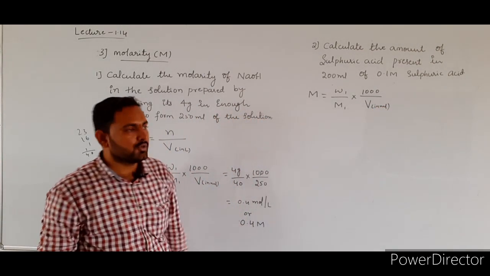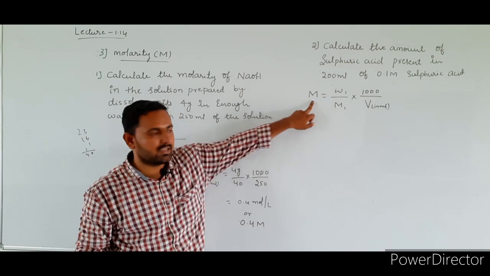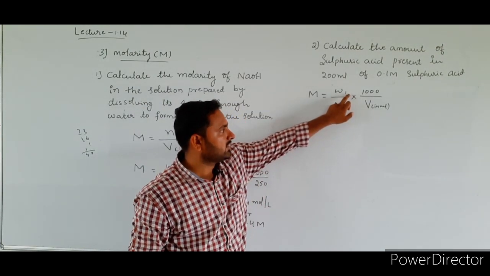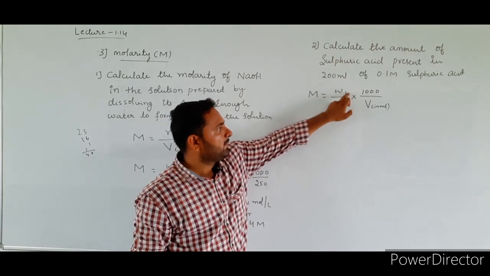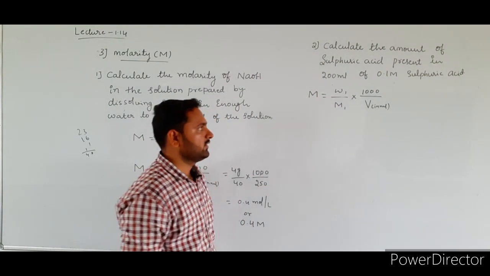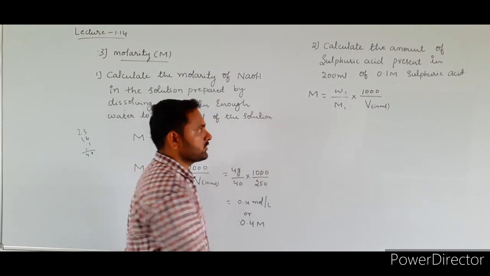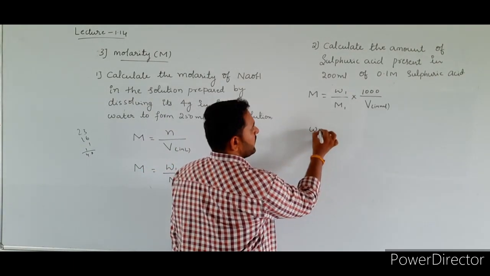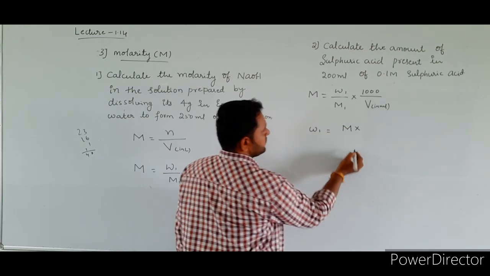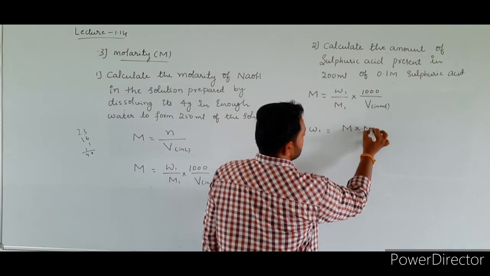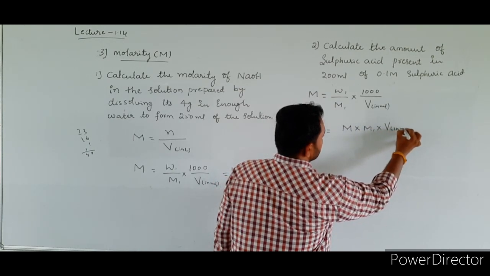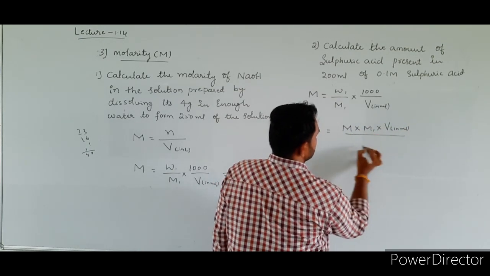See here, the molarity of the solution is given and the volume of the solution is given, but he is asking to calculate the mass of solute, the amount of sulfuric acid. So just rearrange this equation. W1 is equal to molarity into molar mass of solute into volume of solution in ml divided by 1000.